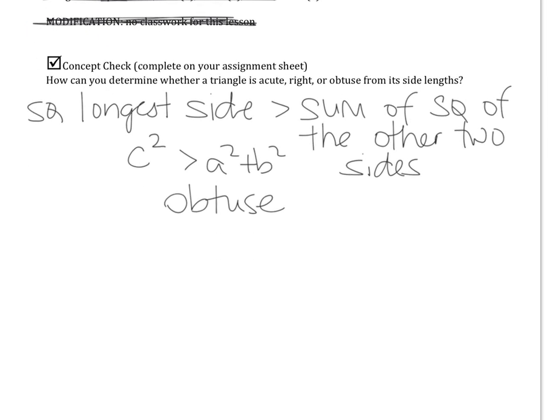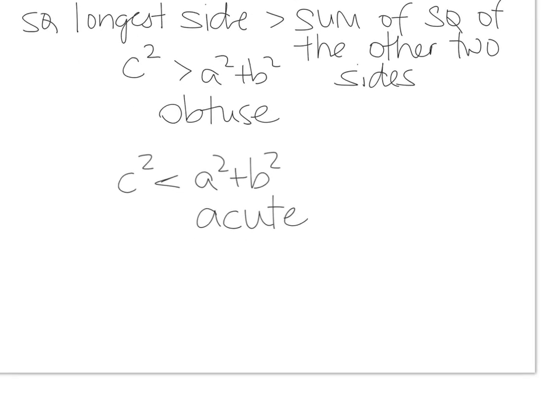And then we'll just carry that through. If c squared is less than the sum of the other two squares, it's acute. And if c squared, the longest side, is equal to the sum of the squares of the other two, it is right. Okay, this ends lesson 4-5.